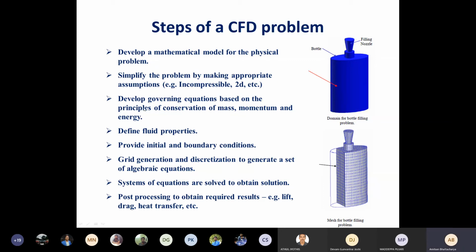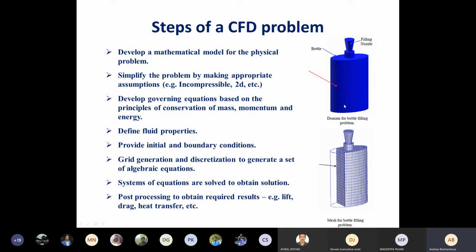Finally, we develop the appropriate governing equations for this particular problem after the simplifications. Then we define the thermophysical properties, fluid properties like viscosity, thermal properties like conductivity and specific heat, all based on empirical evidence or experimental data.